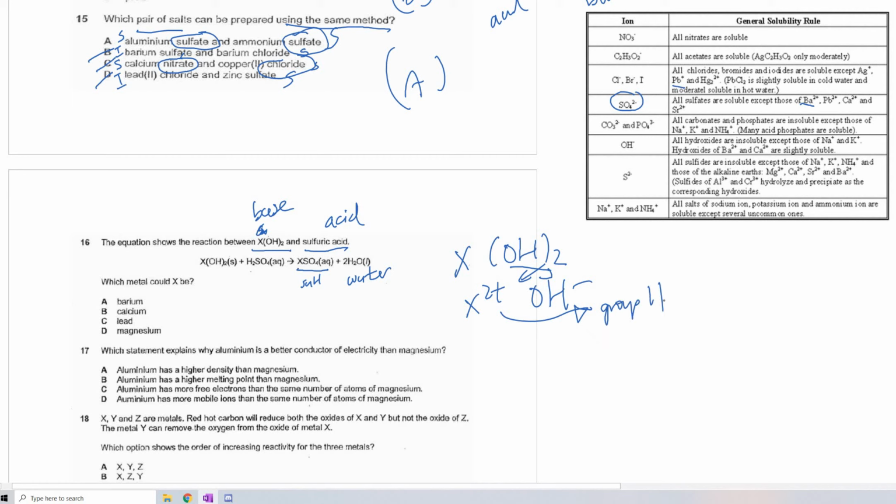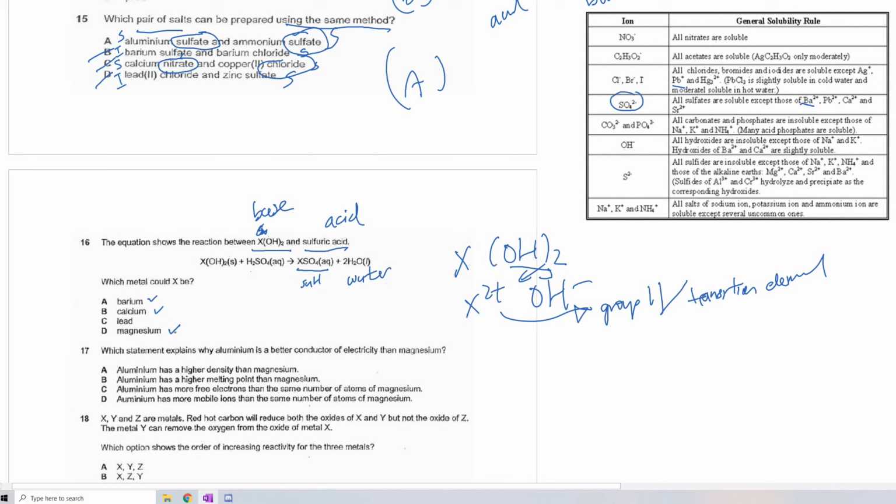Or it can also be from transition elements, because transition elements can also lose 2 electrons to form the charge of 2 plus. So barium, calcium, magnesium are group 2 elements.